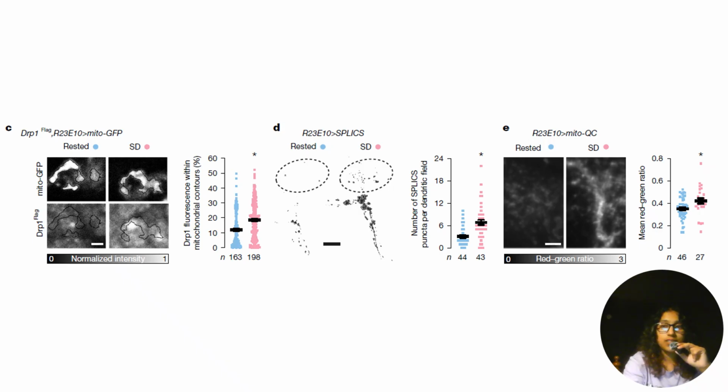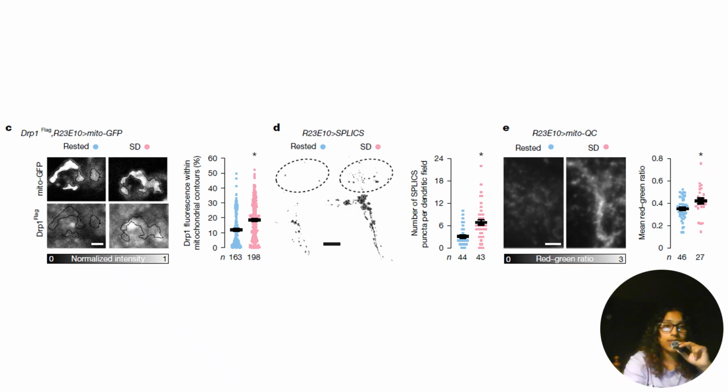And this fragmentation is a precursor to processes like mitophagy and mitochondrial ER contact formations. The overexpression of DRP1 in DFNBs decreases sleep duration and abolishes the homeostatic response to sleep deprivation, while the knockdown of DRP1 increases sleep and enhances the recovery after the sleep.